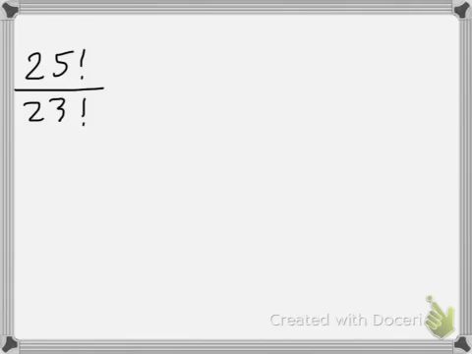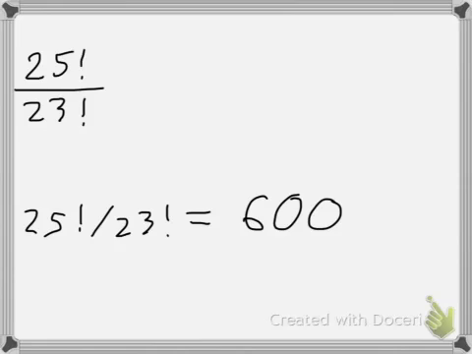Sometimes they'll ask you questions like this. We have to take 25 factorial and divide it by 23 factorial. We can use our calculator to figure it out. So I typed in 25 factorial, divided by 23 factorial, pressed enter, and that gives us 600.